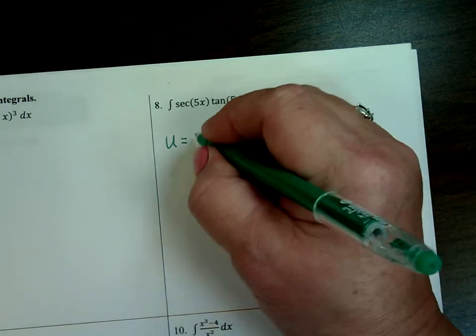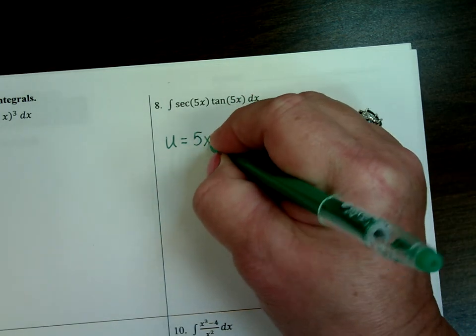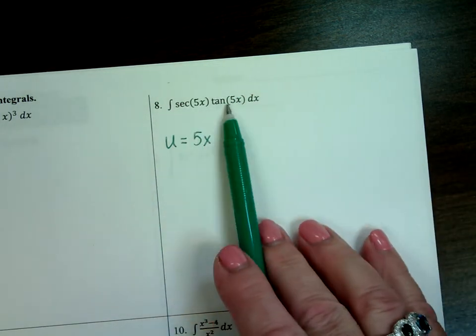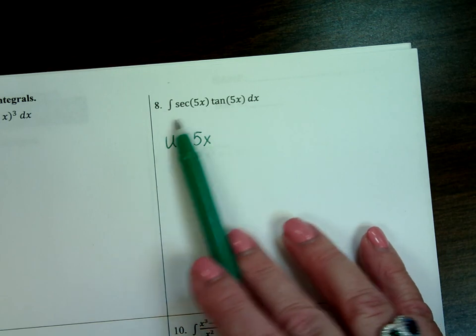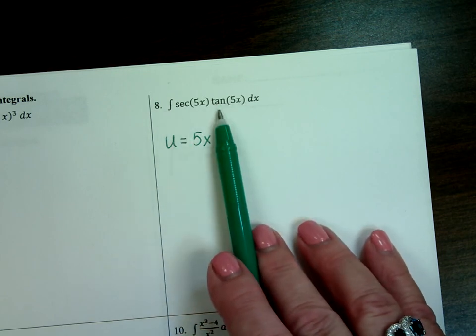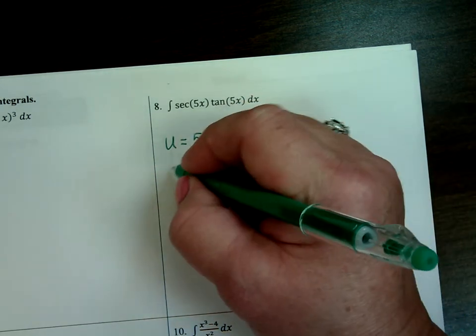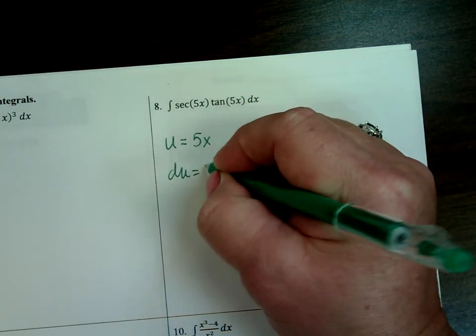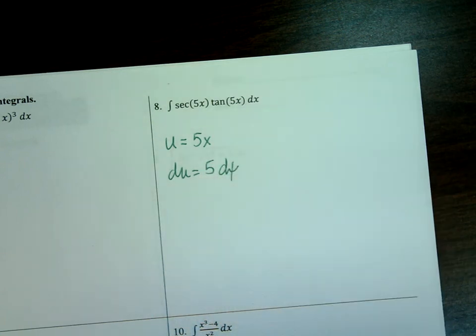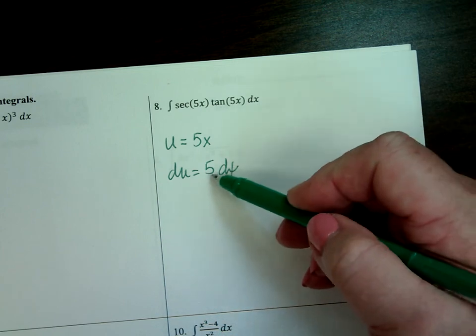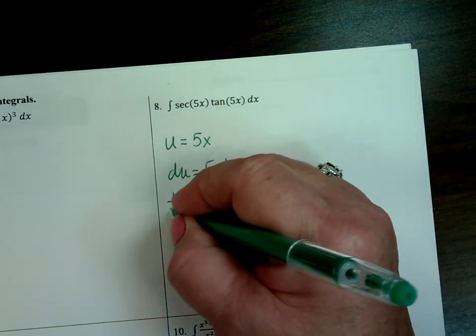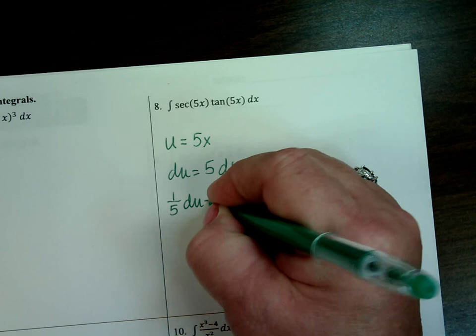Because if you think back to your derivative rules, remember one of them is secant tangent? So you don't want to break that up. So if you use just the angle being 5x, then du is 5 dx. And you have the dx, you don't have the 5, so swing him to the other side. He's going to be a 1/5 du is your dx.